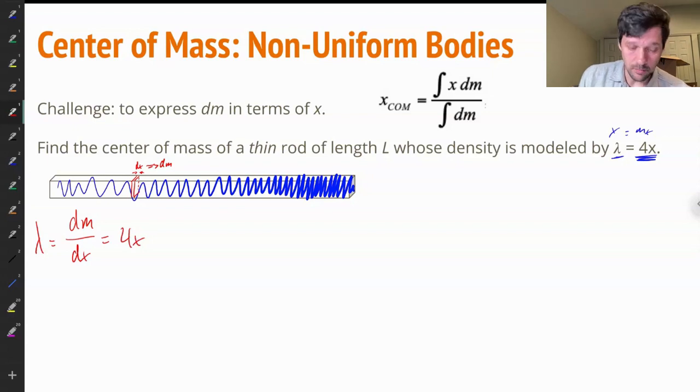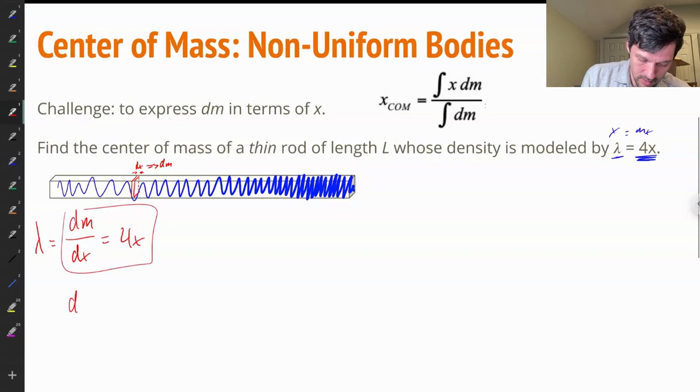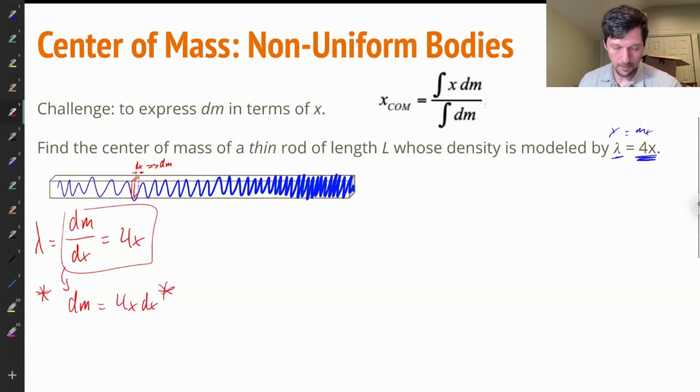So just like we did before, we're going to rearrange this to solve for dm. This is the trick. Rearrange this to get dm equals 4x dx. Take your linear density, rearrange it to solve for dm, and that is going to set you free.